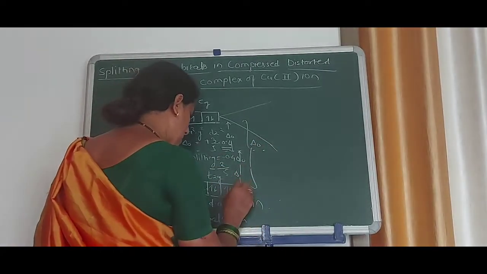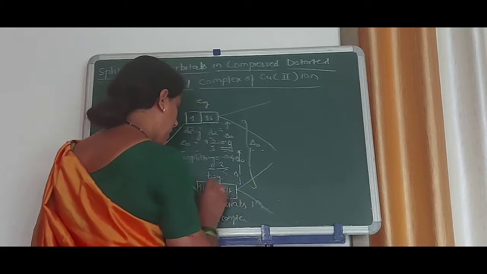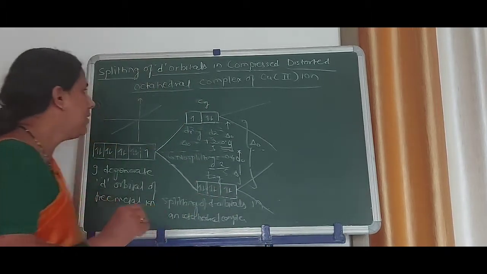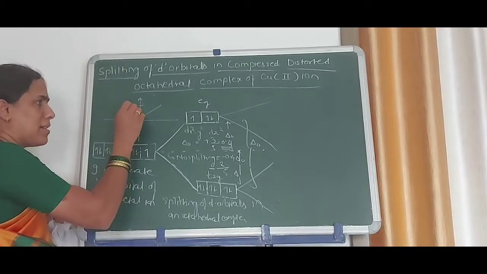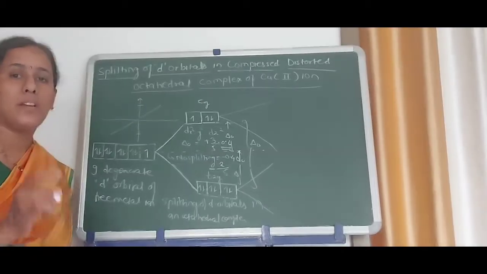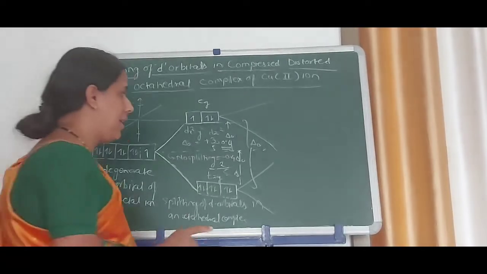is as follows. Now, as the distance between the z axis and the ligands is shorter, the z orbital possesses the greater energy.